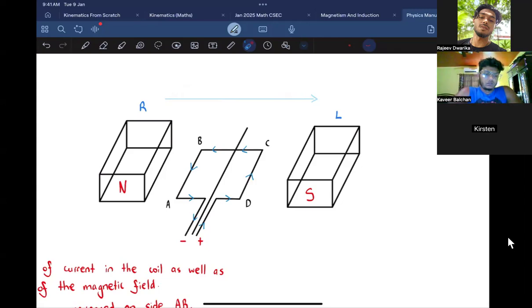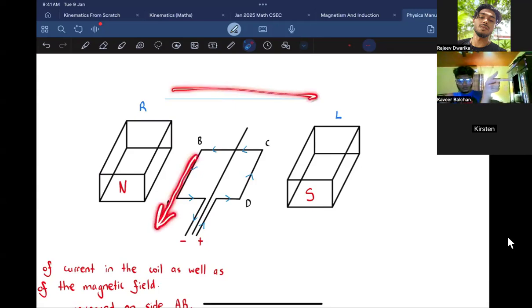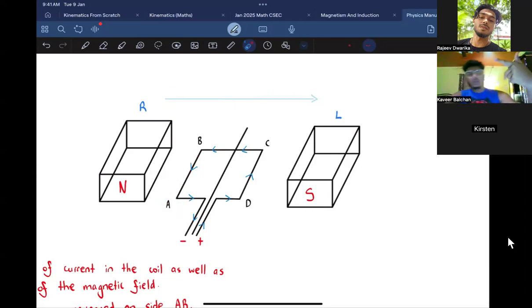Justin, show us. I want you to demonstrate Fleming's left hand rule. It should be north and south, and the current coming out. Yeah, that is correct. Kirsten, are you confused by that? No, sir.